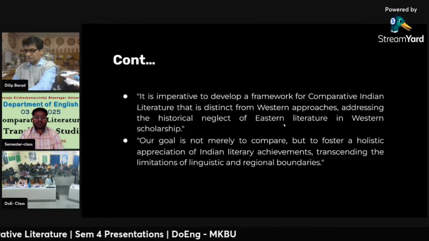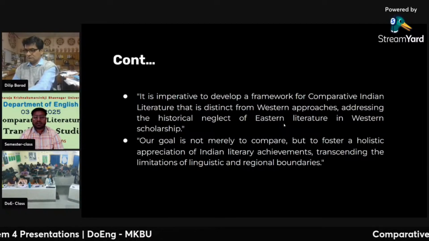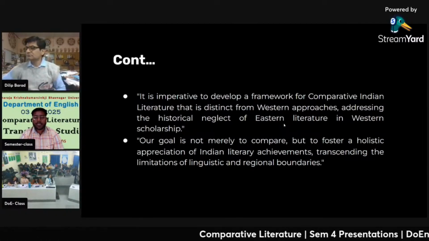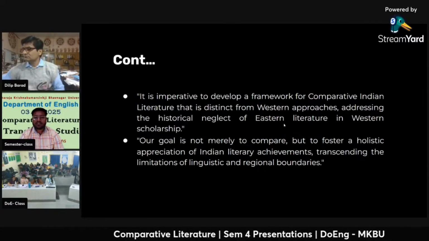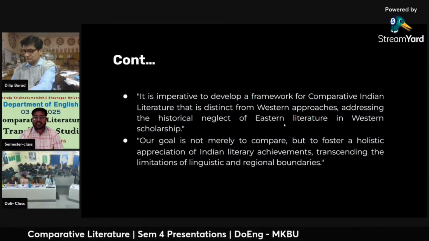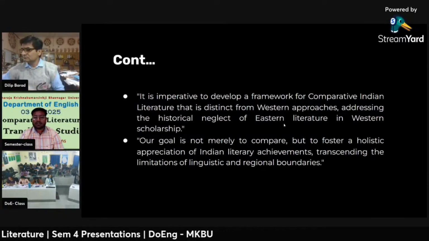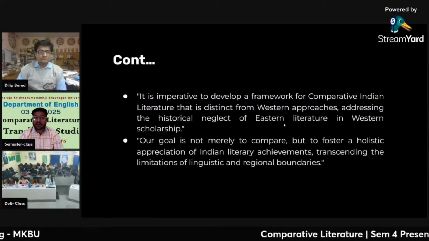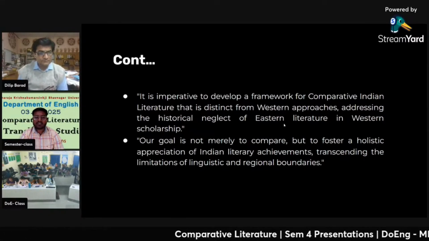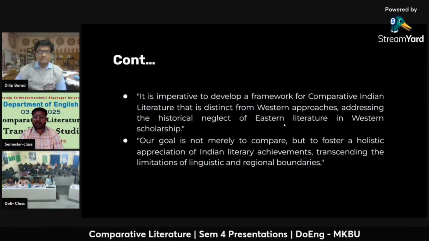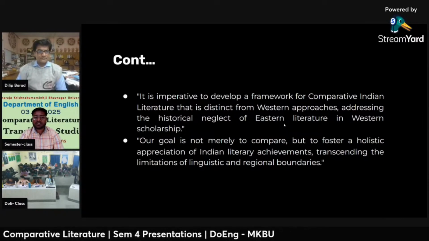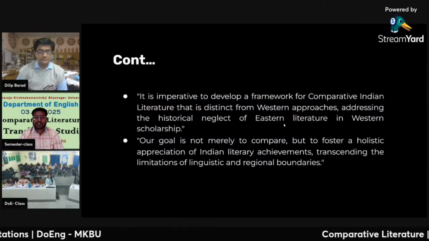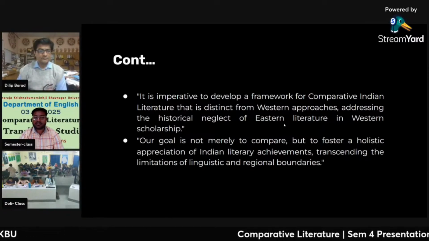Then he also examined that it is imperative to develop a framework for comparative Indian literature that is distinct from Western approaches, addressing the historical neglect of Eastern literature in Western scholarship. And in the last, he examined that our goal is not merely to compare but to foster a holistic appreciation of Indian literary achievements, transcending the limitations of linguistic and religious boundaries.